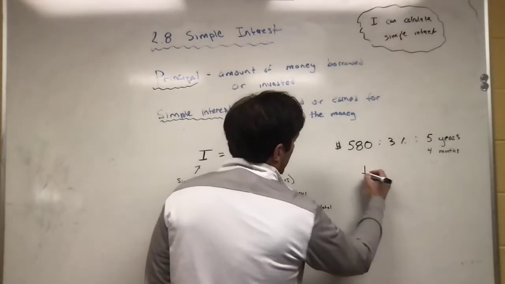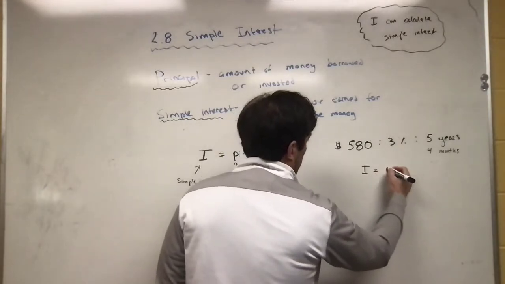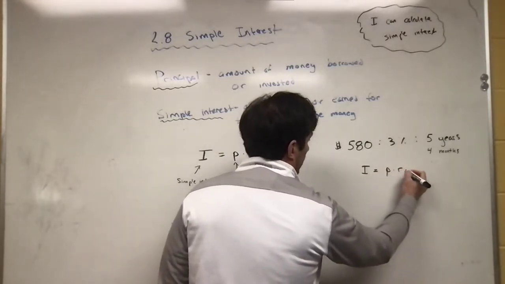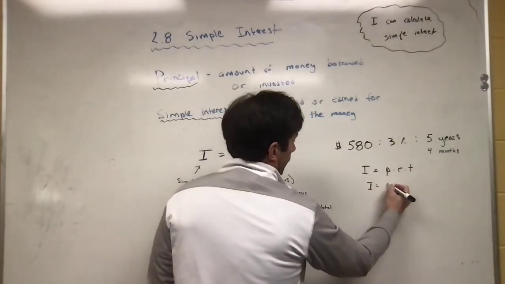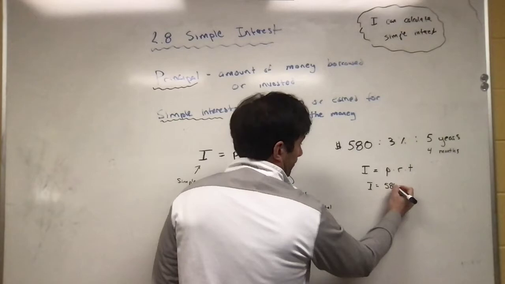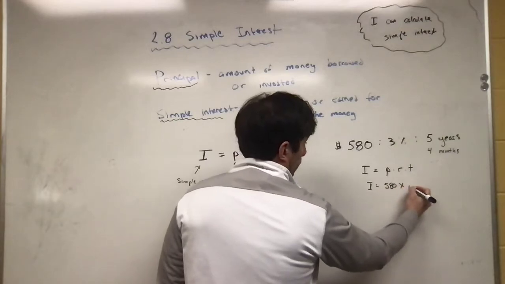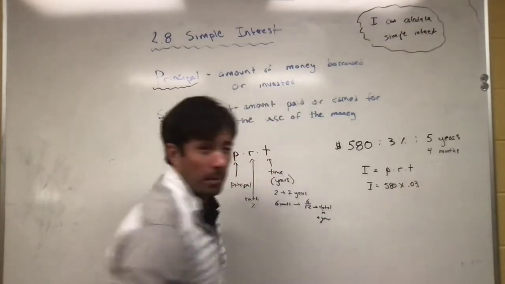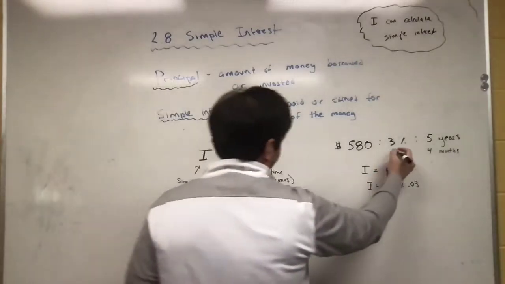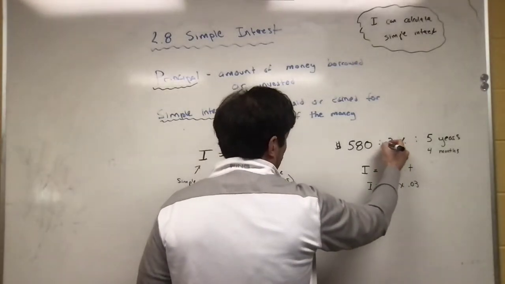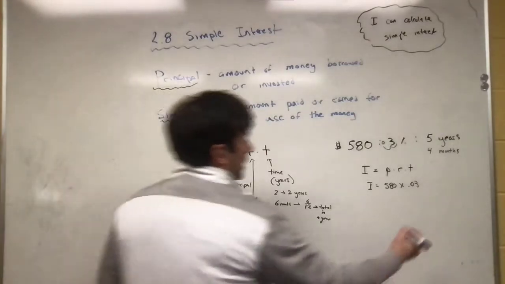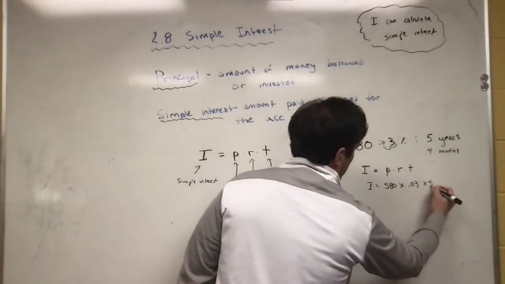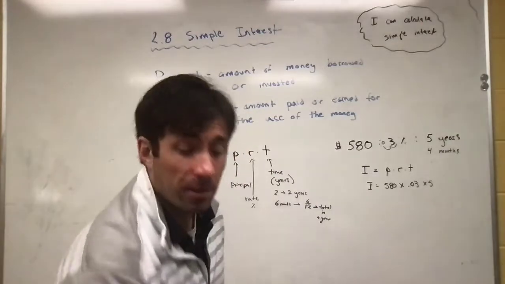So we do our interest equals our principal times our rate times our time. So my interest is going to equal 580 times 0.03, right? I took my 3%, I moved my decimal 2 spots to make it into a decimal, and then times my time. For my first one it's 5 years. So I can use a calculator to figure this out.